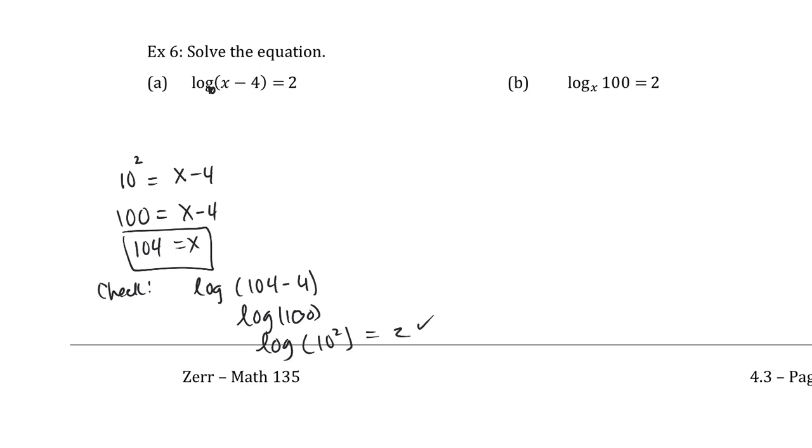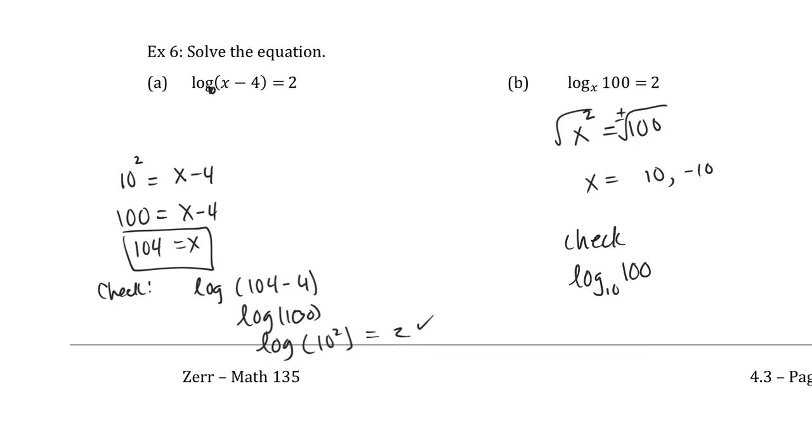Okay, let's try this next one. I'm just going to rewrite this in exponent form. X to the second power is equal to 100. What squared is 100? Well, if I was solving this, I would do positive and negative square root. So positive 10, or negative 10. But when I go to check, log base 10 of 100 is equal to 2.